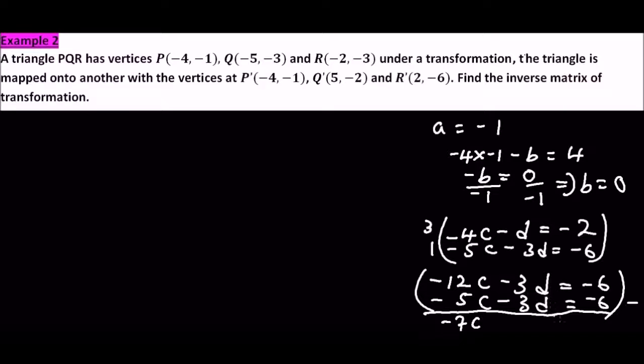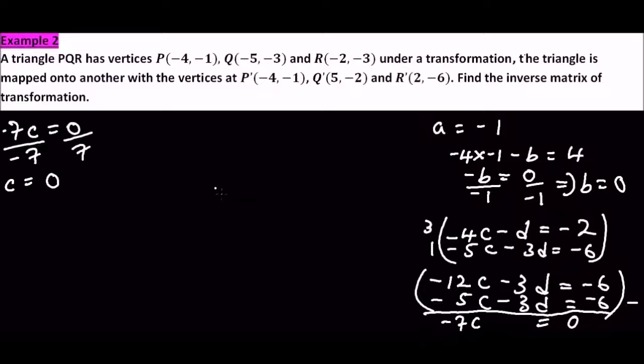So this is equal to minus 6 minus minus 6, that is minus 6 plus 6, which is 0. So it means minus 7c is equal to 0. Divide both sides by minus 7, and you find our c is equal to 0.